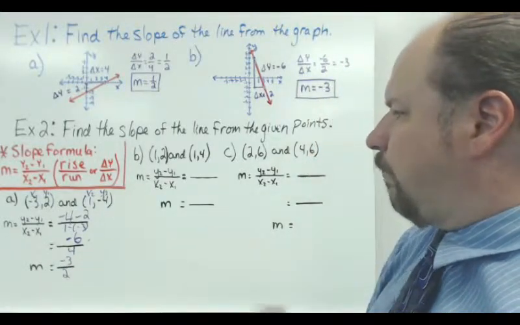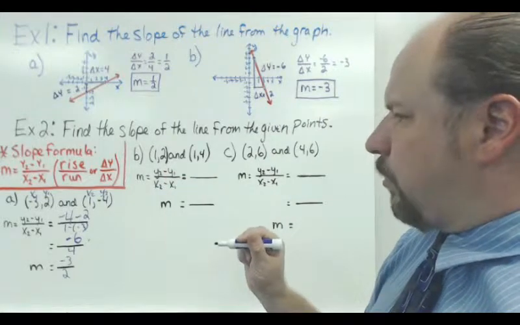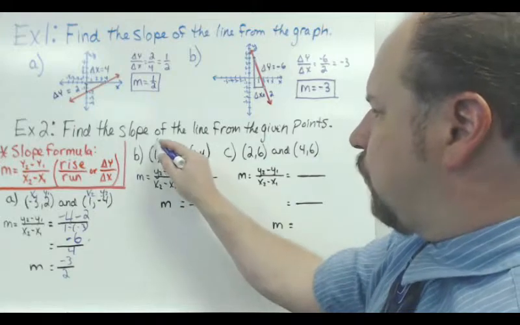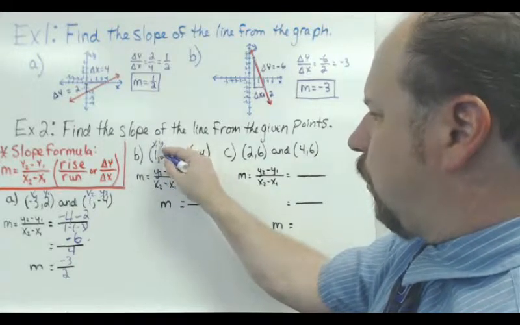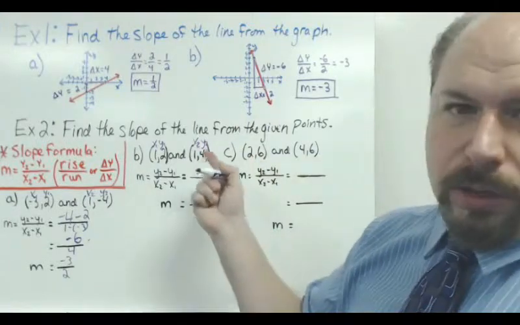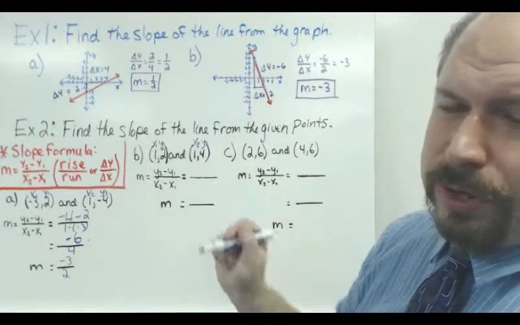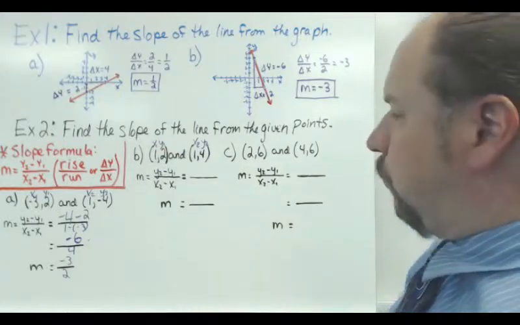Okay, next one. I have the formula written here, y2 minus y1 over x2 minus x1. I'm going to just make this x1, y1, x2, y2. Now again, we could order them in either order. I could have made this one x2, y2 if I had wanted. It doesn't really matter which one we use.